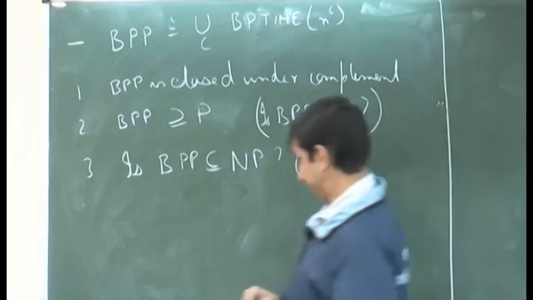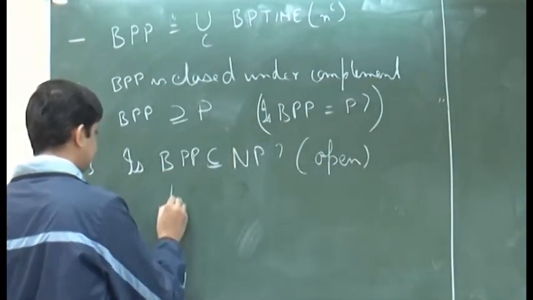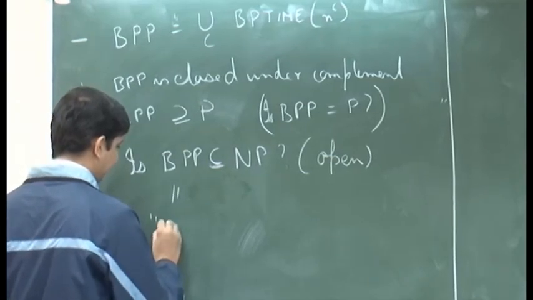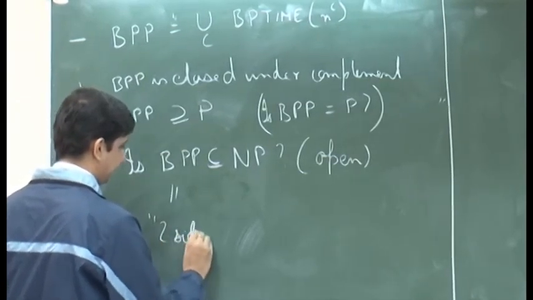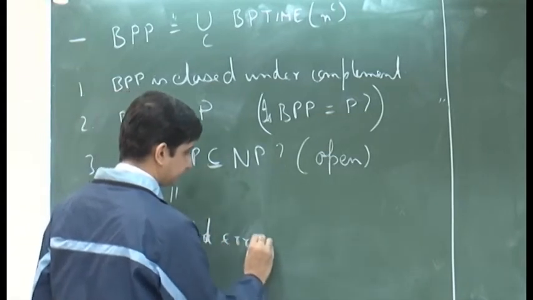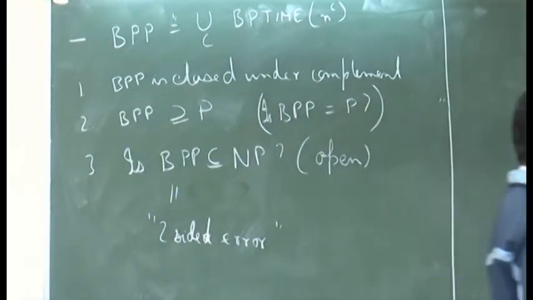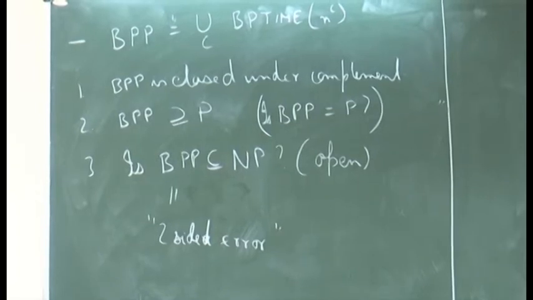A BPP or any BP time machine has what is called a two-sided error. Whereas, we can also consider probabilistic Turing machines where there exists only one-sided error.